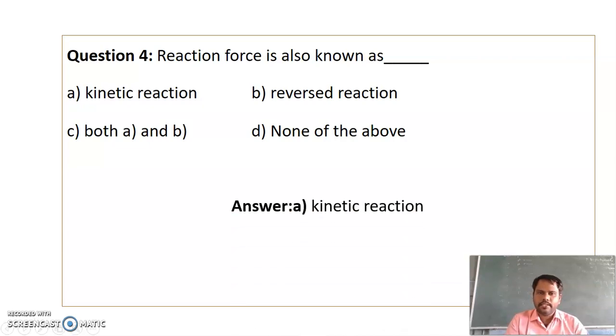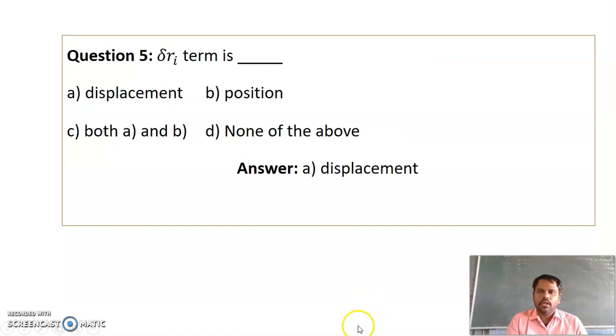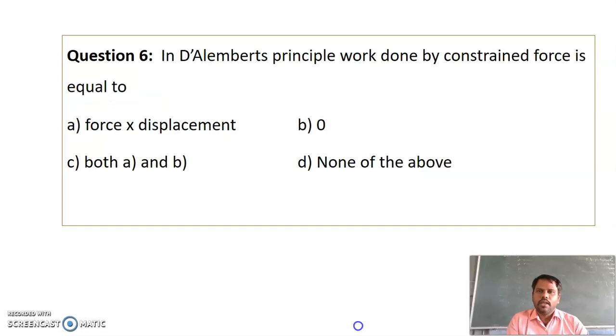So the answer is kinetic reaction. Question number 5. Delta Ri term is a displacement. In D'Alembert's principle, the work done by the constraint force is equal to 0.